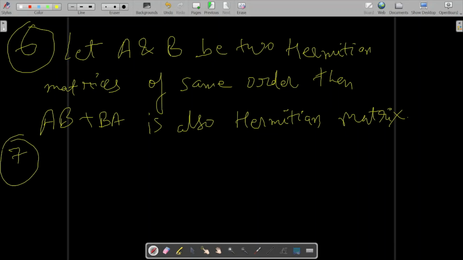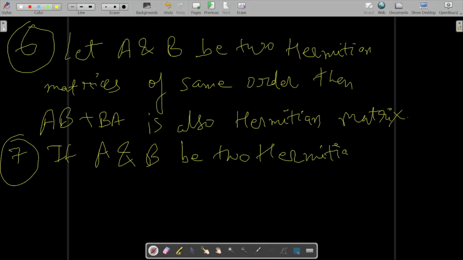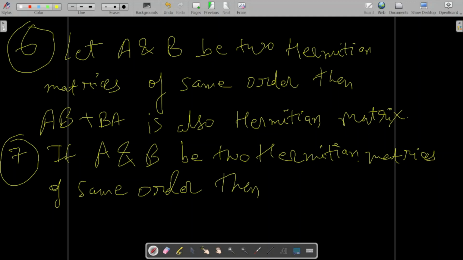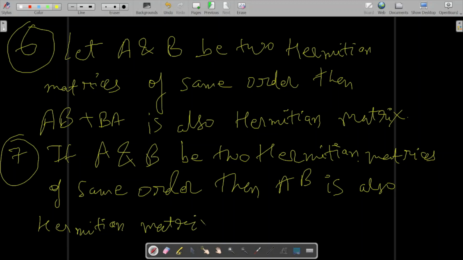Now the seventh property. If A and B are two Hermitian matrices of same order, and this "of same order" is very important here, then AB is also a Hermitian matrix if A and B commute, that is, if AB is equal to BA.